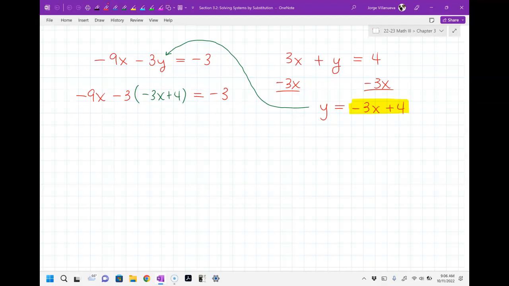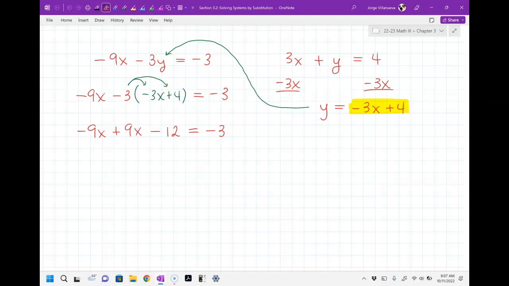Okay? So I do have to distribute right here. Negative 3 times those two things. So I'm going to get negative 9x plus 9x minus 12 equals negative 3. Now, what I was expecting to happen actually happened, so that's good, because I was hoping I was going to get to do one of these.